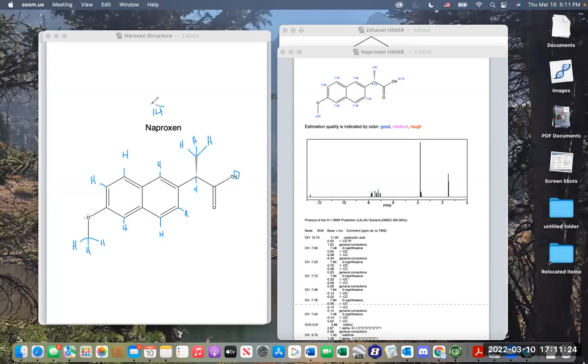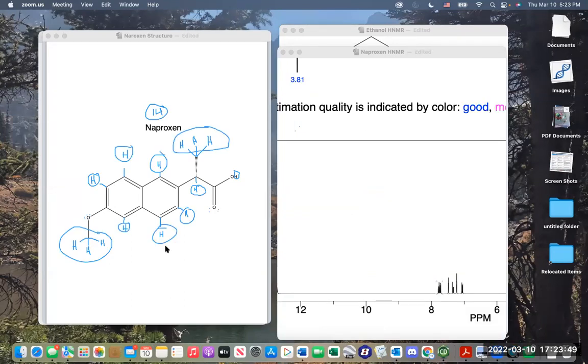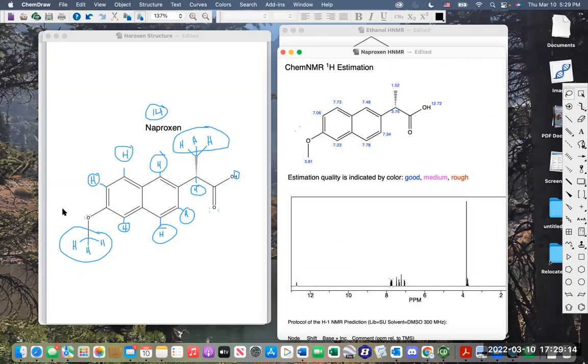And now it's time to determine the number of signals we should have. So I've gone ahead and circled the different groups that are going to appear as different signals on our NMR spectrum of naproxen. So let's just discuss why each of these would appear as a different signal. So go ahead and look at where those specific groups or signals of protons will show up on the spectrum of naproxen.